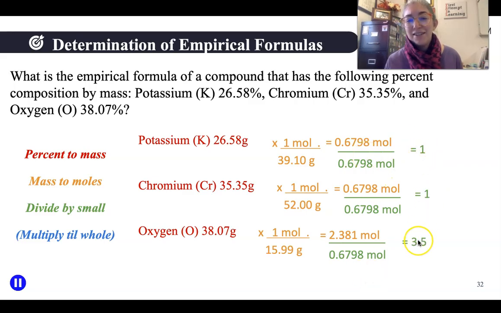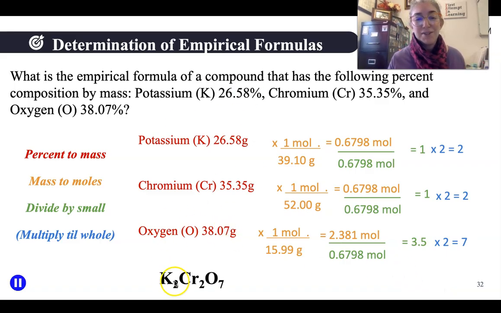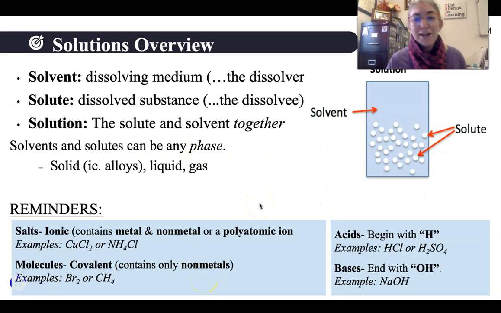And that is sometimes where the process ends, if you have all whole numbers, but if you don't have whole numbers, then you multiply till whole. So 3.5 is not whole, so we need to multiply it by 2, which means we need to multiply all of them by 2. So the chemical formula for this substance is K2Cr2O7.